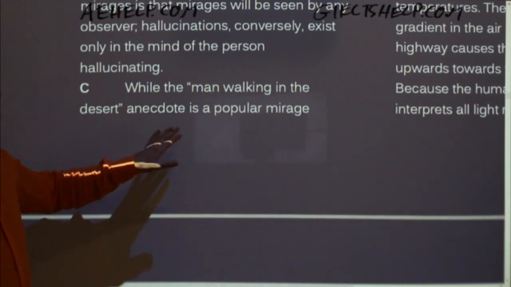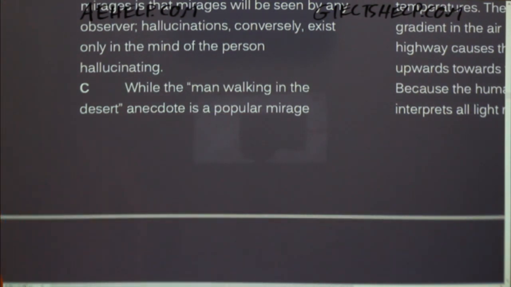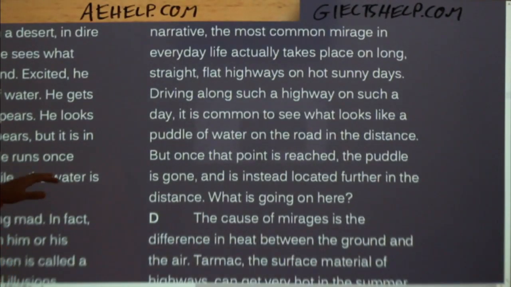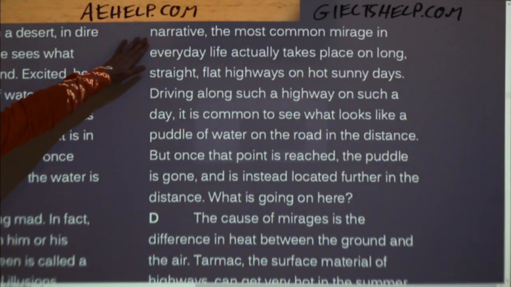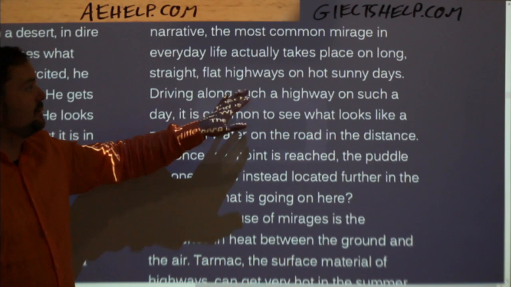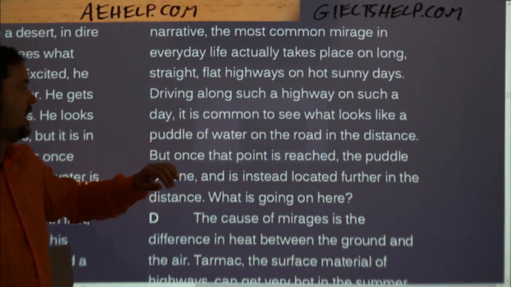While the man walking in the desert anecdote is a popular mirage narrative, the most common mirage in everyday life actually takes place on long, straight, flat highways on sunny days.